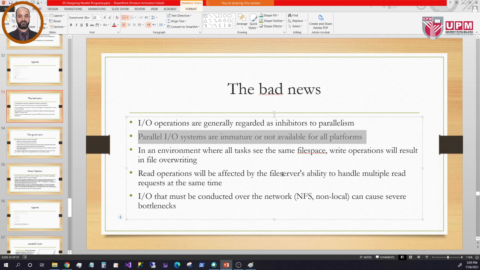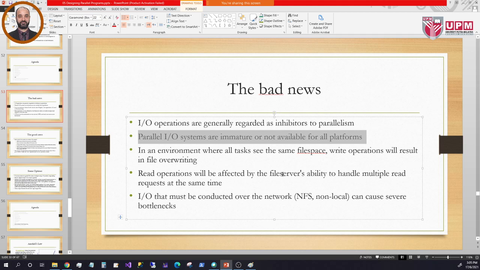In an environment where all tasks see the same file space, write operations will result in file overwriting. So let's say you have multiple tasks and all tasks are dealing with the same file. Every task reads from the file and saves to the file, so all of the tasks are using the same file space.